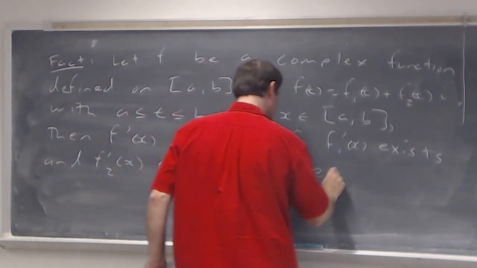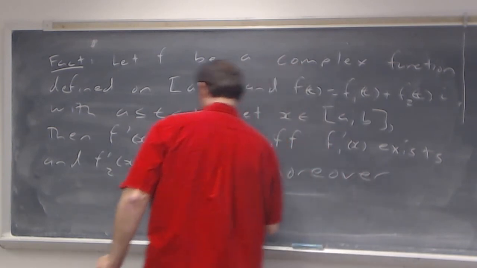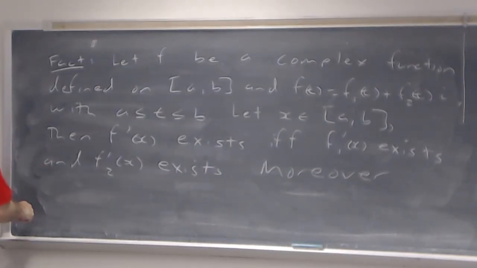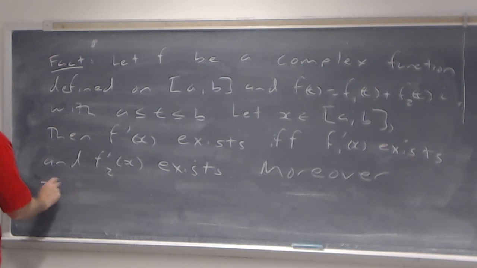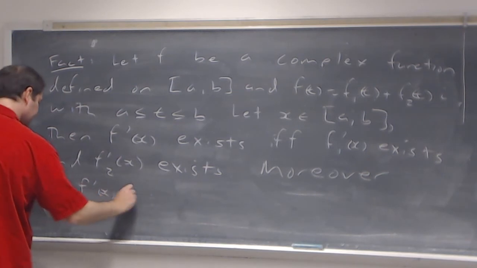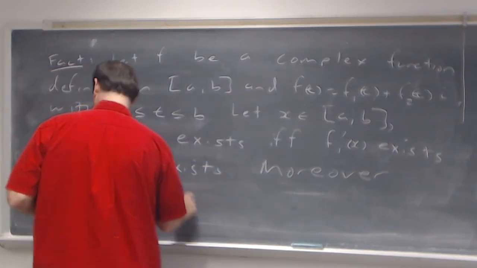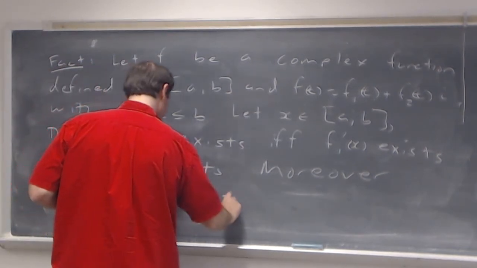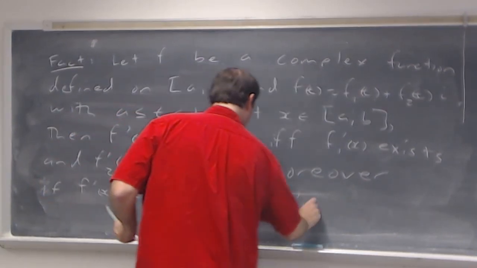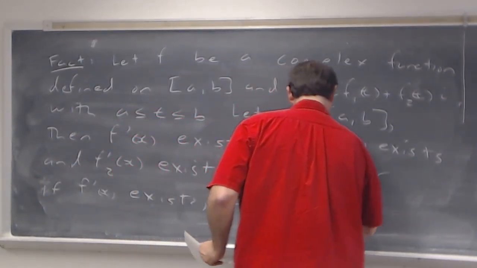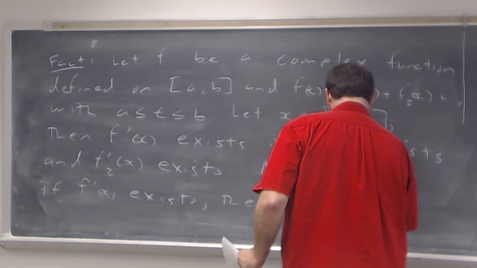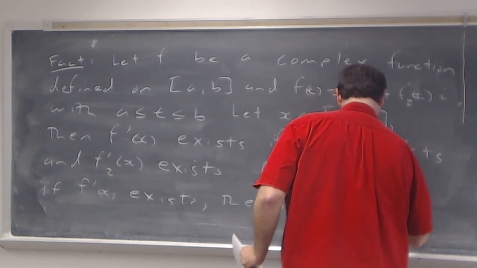Moreover, if f prime of x exists, then f prime of x is equal to f sub 1's derivative evaluated at x plus f sub 2's derivative evaluated at x times i.